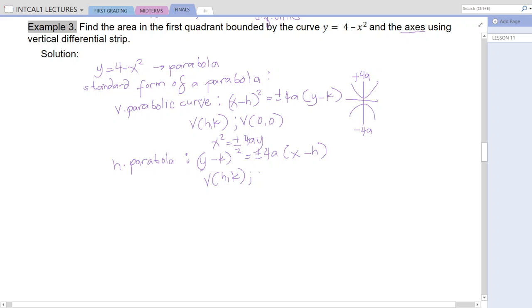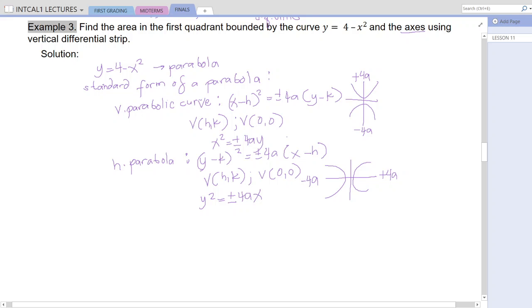And if the vertex is at the origin, which is 0 0, that is y squared is equal to plus and minus 4ax. So the horizontal parabolic curve is either opening to the right or opening to the left. So that is opening to the right, that is a plus latus rectum, and this one is minus 4a, so that is the latus rectum for that one.